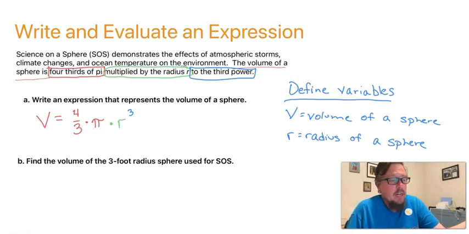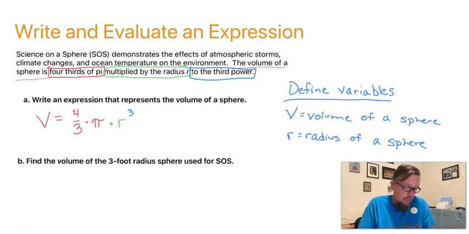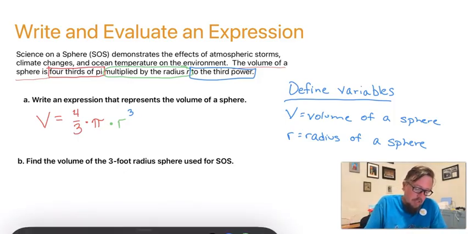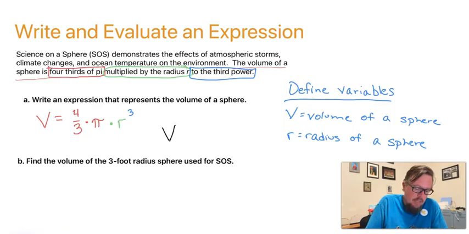So what we've written here, V equals 4/3 times pi times r to the third power, is the equation for the volume of a sphere. But all of our operations here are multiplication. So we could write it just like we did right here, but also we don't have to write the multiplication symbols because of implied multiplication.